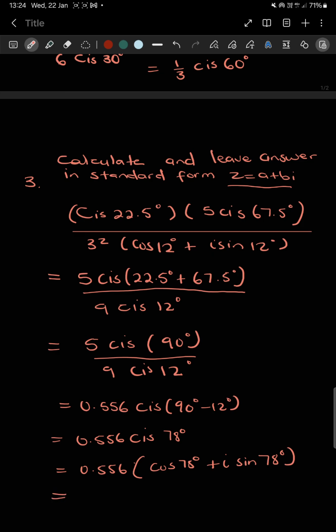Then multiplying out, this needs a calculator, 0,556 times cos 78 gives me 0,116 plus, then sin 78 gives me plus 0,544 i. And there you have it in standard form.